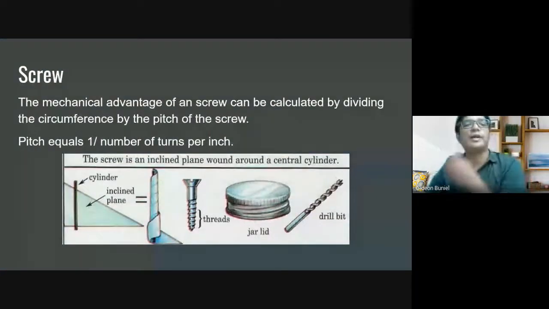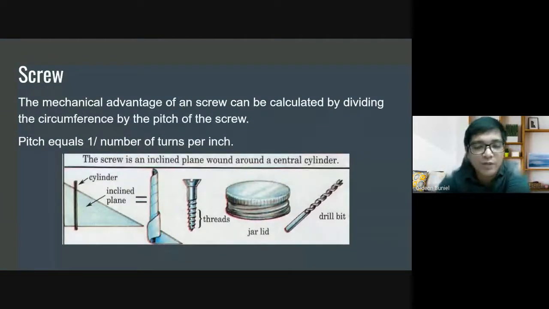Screw. The mechanical advantage of a screw can be calculated by dividing the circumference by the pitch of the screw. So pitch equals 1 over the number of turns per inch. As you can see in the figure here, one example we can easily identify is a drill bit.